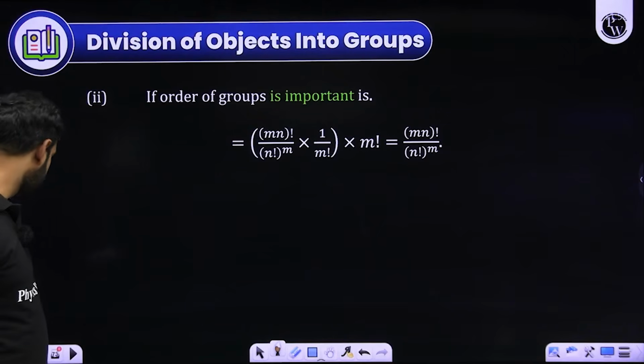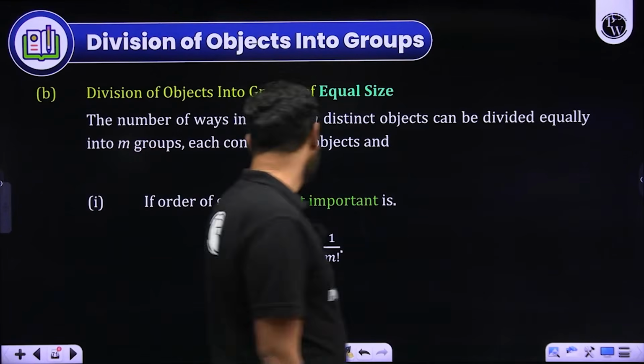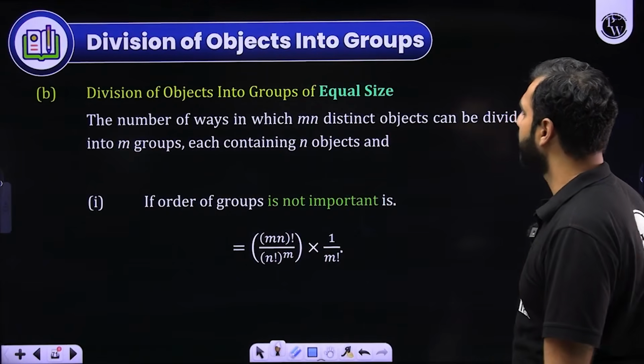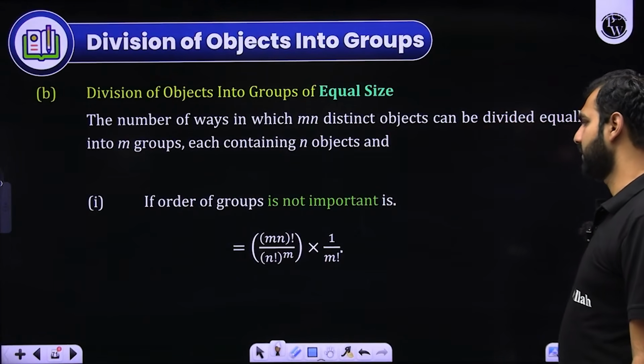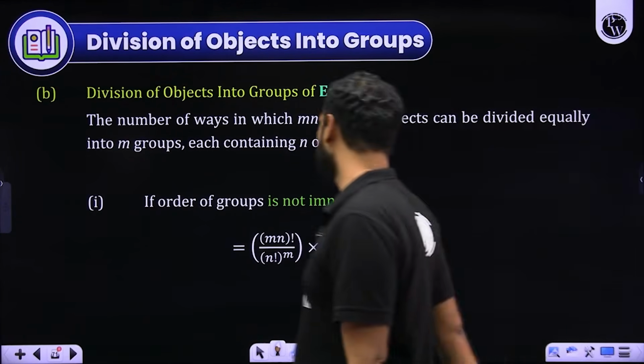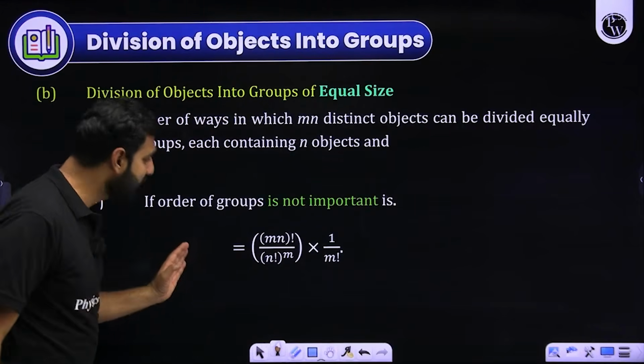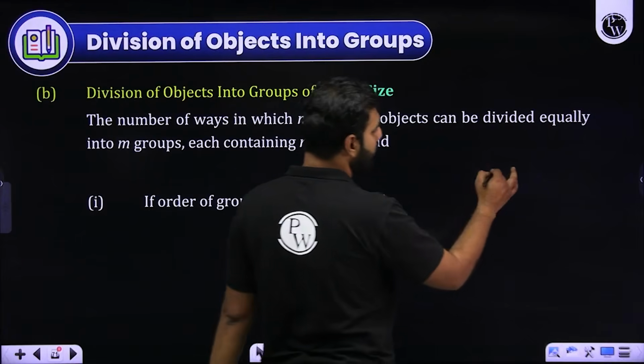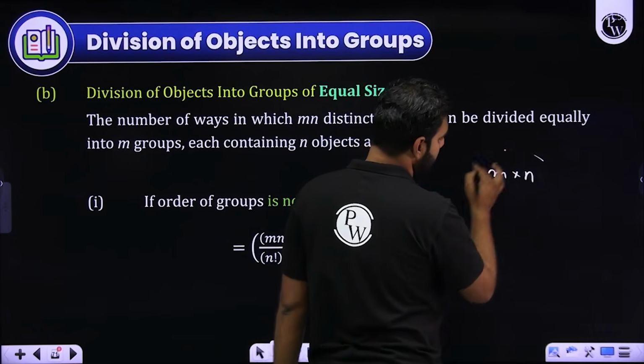Here, I hope you can see that m plus n objects were there. I repeat, m plus n objects there, right? The number of ways in which mn distinct objects. So this time mn distinct objects are there, and I'm creating m groups of n objects. So let's say m into n objects are there in total. These are the total objects.